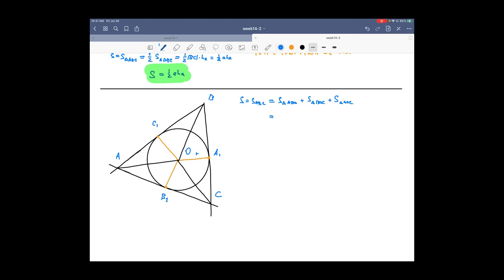And area of each of these triangles is easy to compute because, say, in triangle ABO, base is c, and height is r.